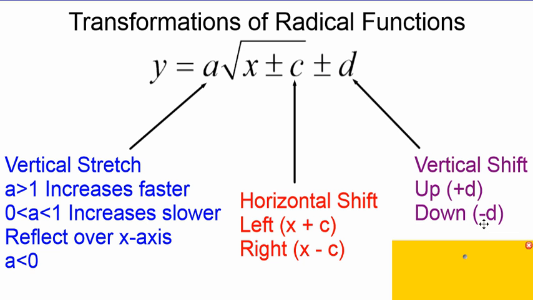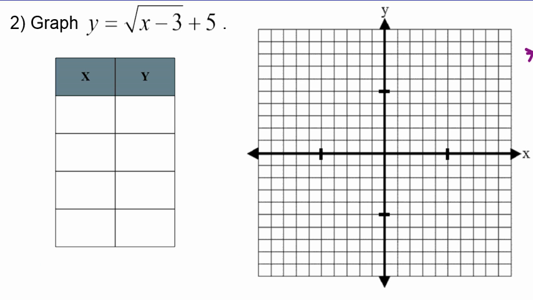So let's review again, doing some transformations to our parent function and looking how it impacts your domain, range, and x and y intercepts. So here's our function, y equals the square root of the quantity x minus 3, plus 5. So again, we want to think it back to the parent function, the square root of x.